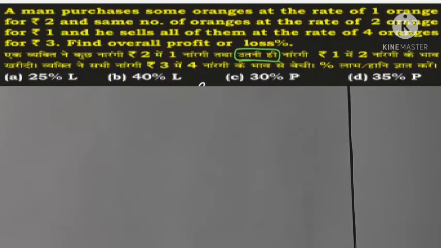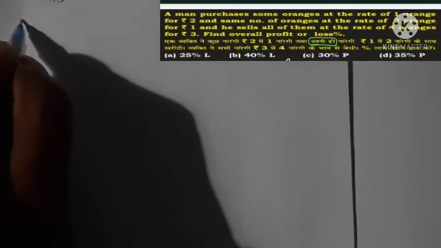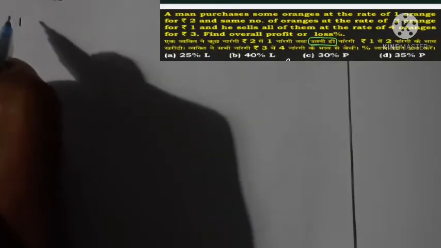A man purchases some oranges at the rate of 1 orange for 2 rupees and some number of oranges at the rate of 2 oranges for 1 rupee. And he sells all of them at the rate of 4 oranges for 3 rupees. Find the overall profit or loss percentage.